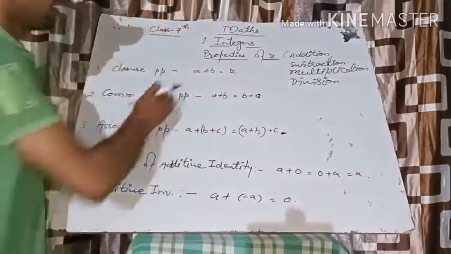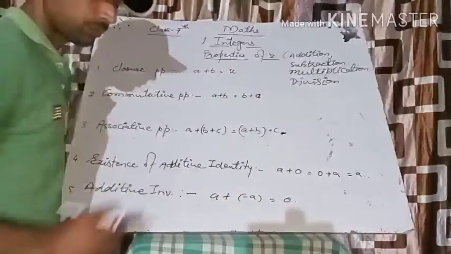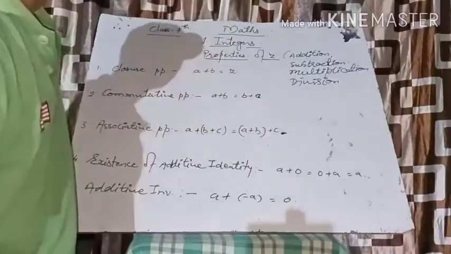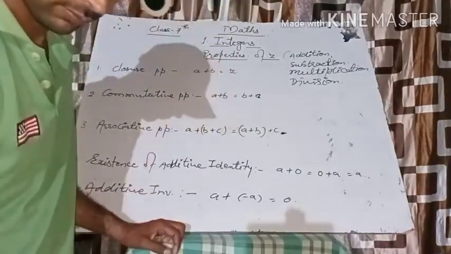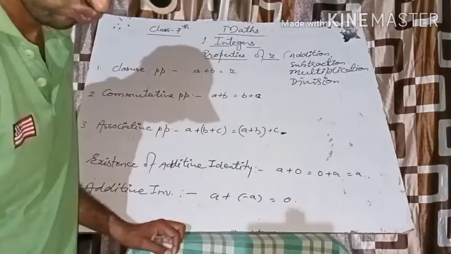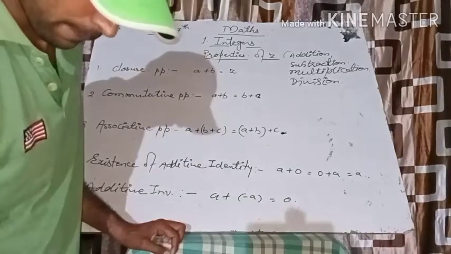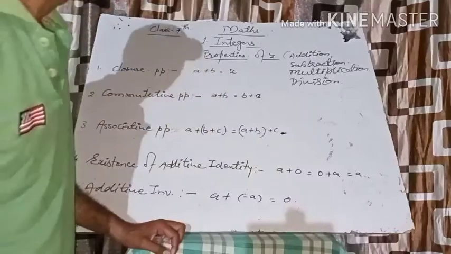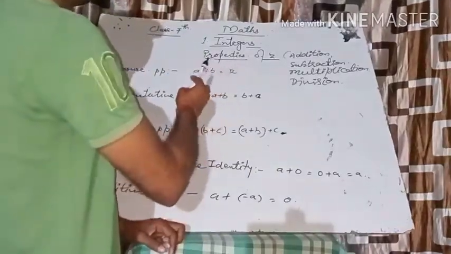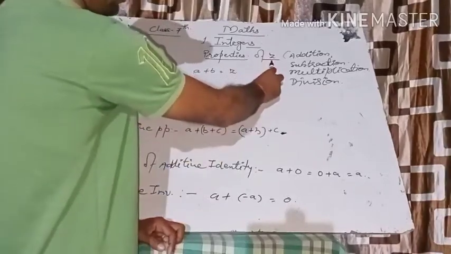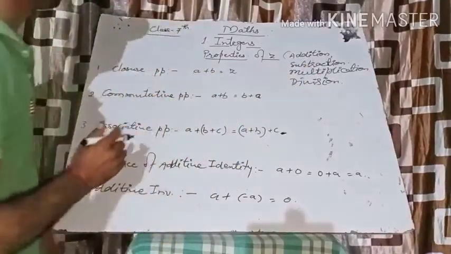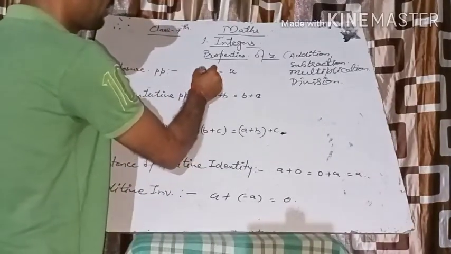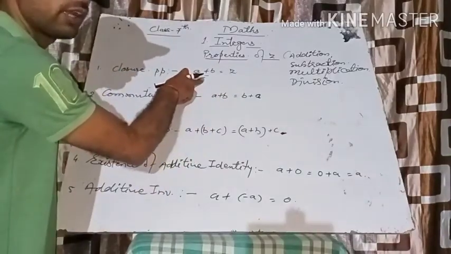If we have two integers like a and b, and we subtract b from a, then we will get an integer.